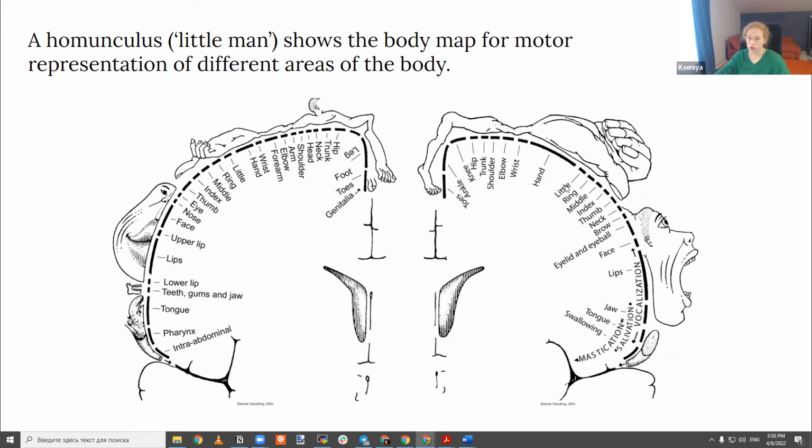And note that some body areas, such as the fingers, have disproportionately larger representation than other body areas, such as the trunk.